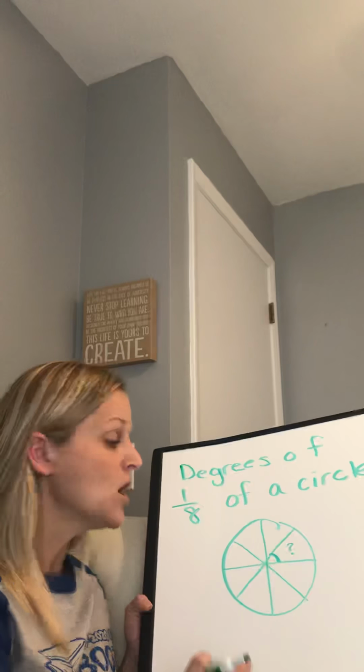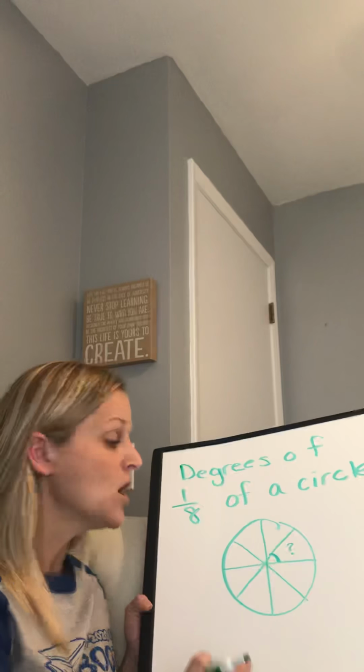You could be asked to find, instead of how many degrees are in 1/8 of a circle, how many degrees are in 3/8 of a circle. So what I'm going to do is the same first step. I'm going to divide 360 degrees by the denominator. So when I did that, 360 divided by my 8, I got 45 degrees.